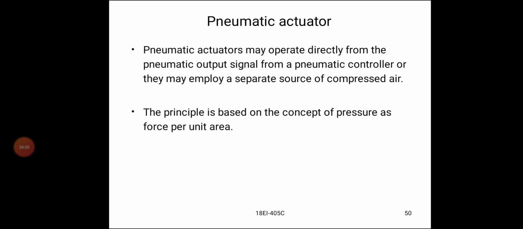The principle is based on the concept of pressure as force per unit area. Pressure is force per unit area, P equals F by A.